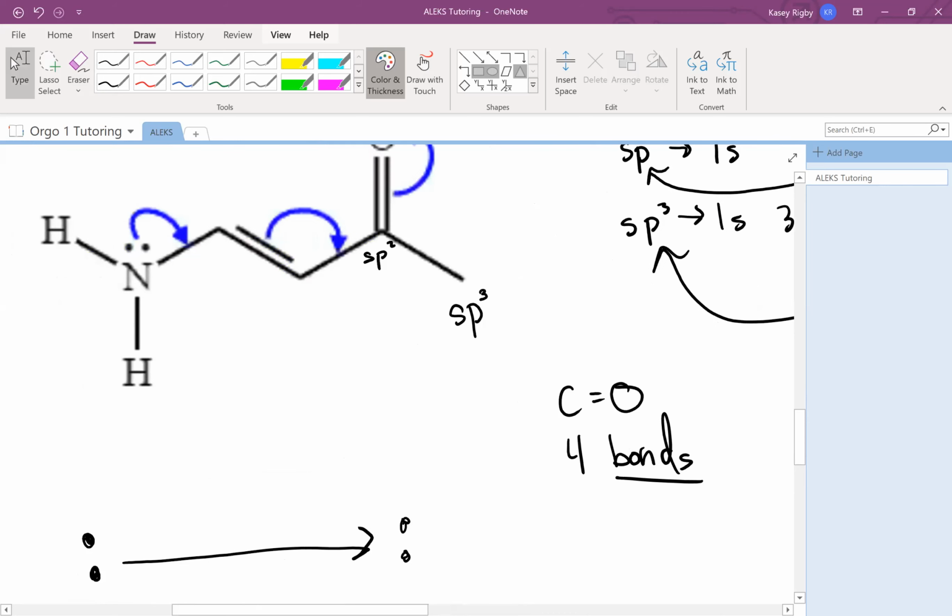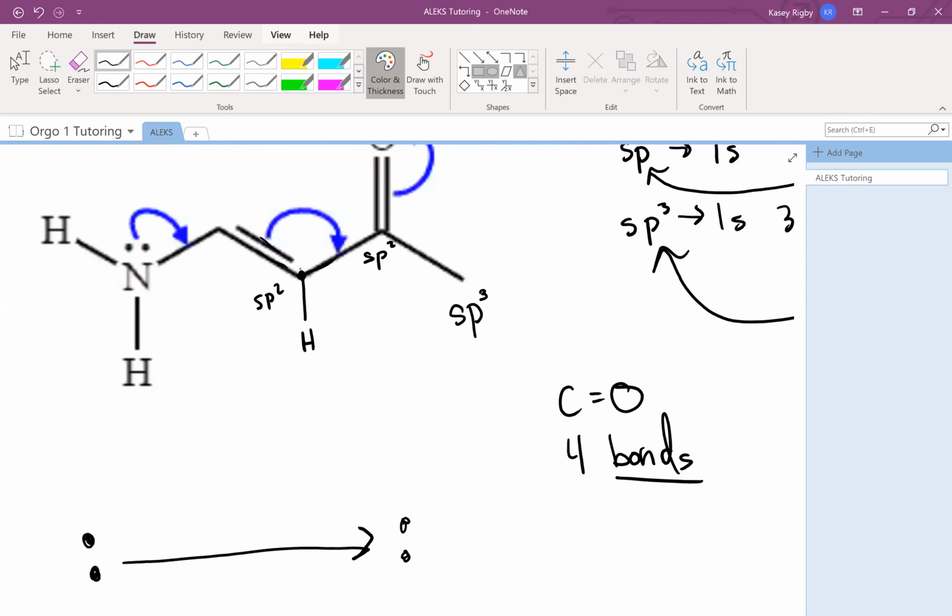And then if we're looking at this one, it's the same deal, except this one does have a hidden H, so it has 1, 2, 3, and then needs one more bond to be happy. So it has 3 electron groups around it. It's going to be sp2, and so on. Okay, does that make sense? I'm going to assume it does unless anybody asks a question, but if not, that's totally fine.